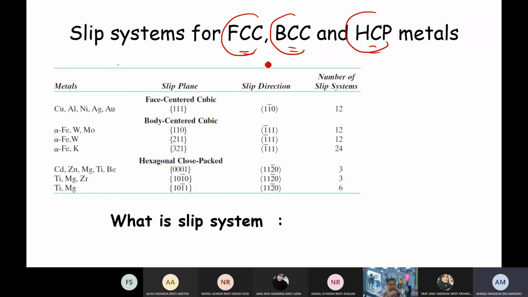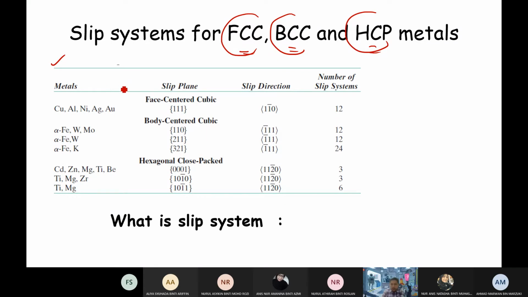Okay, dekat table ni, if you look at this table, we can see the slip systems for BCC, FCC and HCP metals.